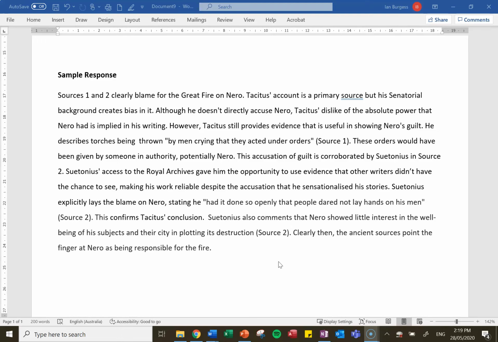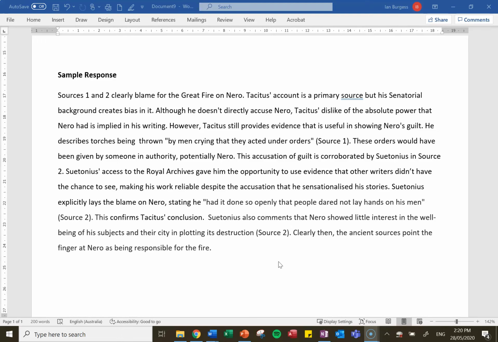So again, I'm implying there that Suetonius is useful to us in responding to and proving the statement to be true. All right, Suetonius's access to the Royal Archives gave him the opportunity to use evidence that other writers didn't have the chance to see, making his work reliable despite the accusation that he sensationalized his stories.